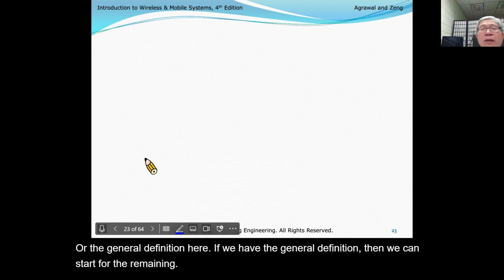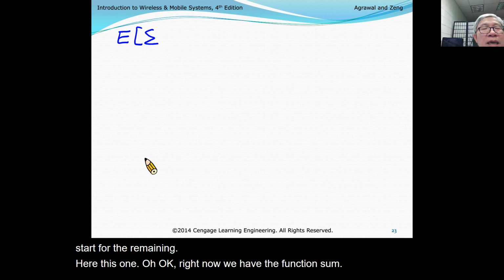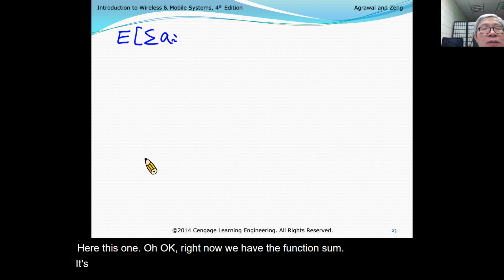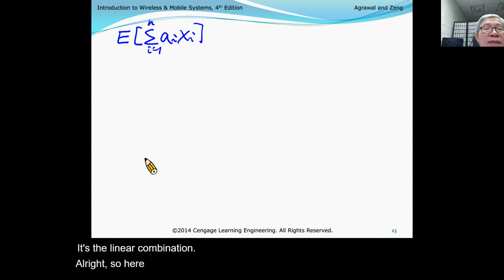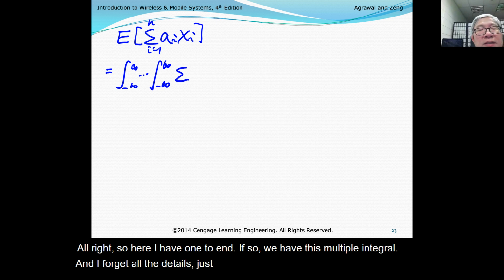Here, this one. Oh, okay, right now we have the function sum. It's the linear combination. All right, so here I have 1 to n. If so, we have this multiple integral. And I forget all the details, just have this.